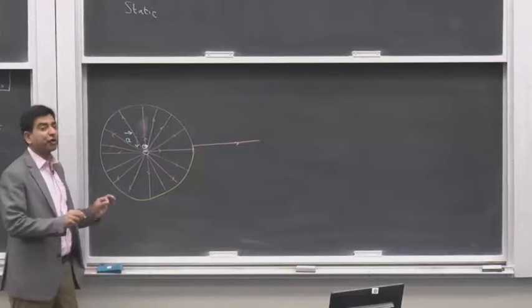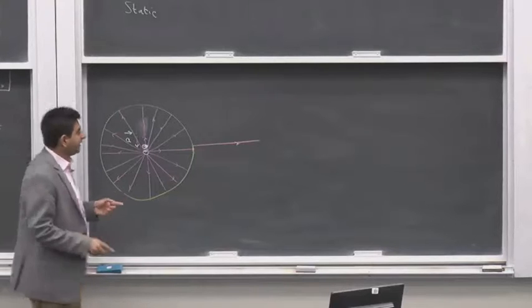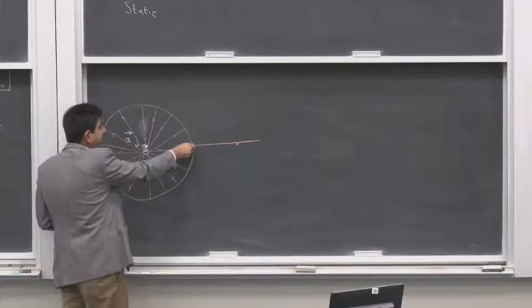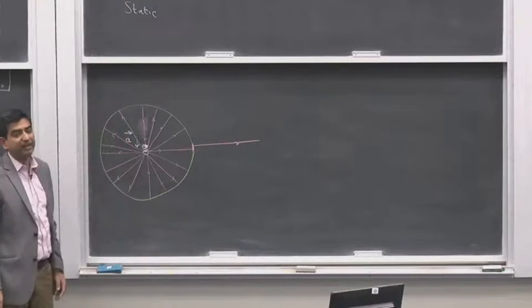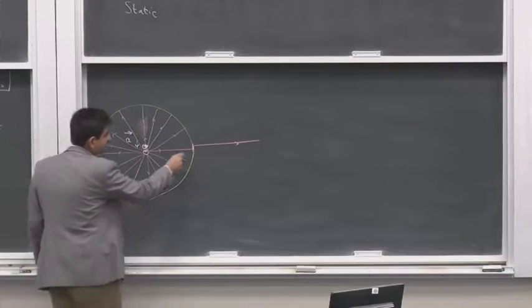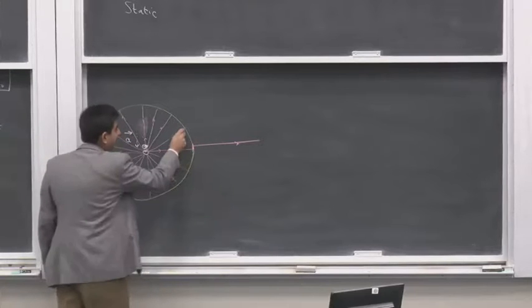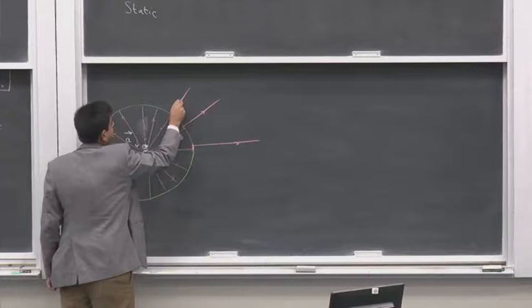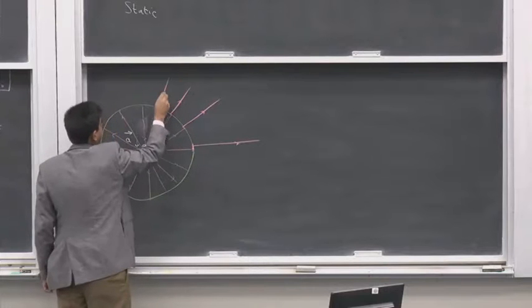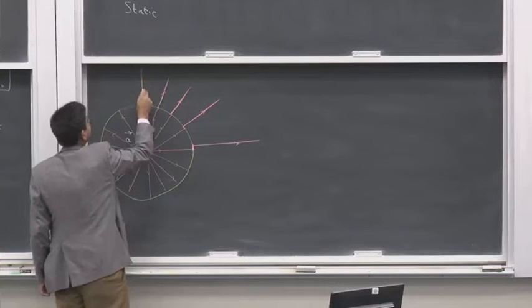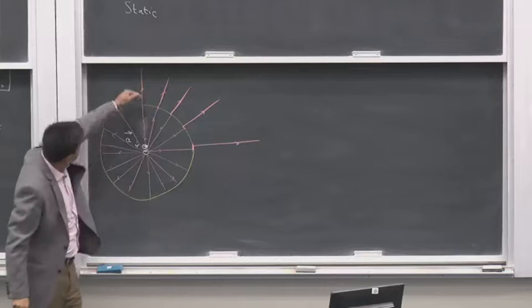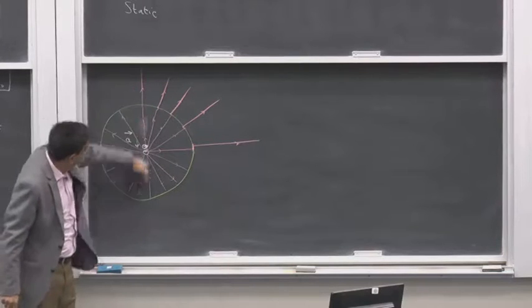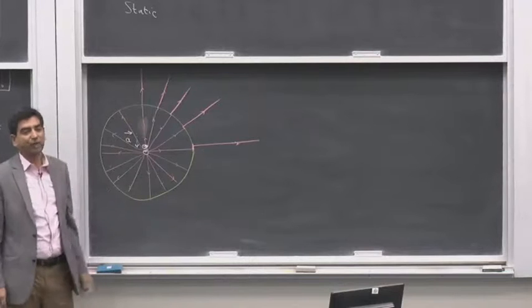So if I were to draw continuous electric field lines, if I had an observer here, he will see a shift in the electric field, a kink in the electric field. Here an observer will experience a kink in the electric field. Here an observer will not see any kink in the electric field, because this line lies in a plane that's parallel to the acceleration of this charge.